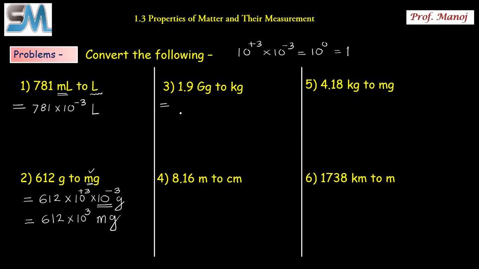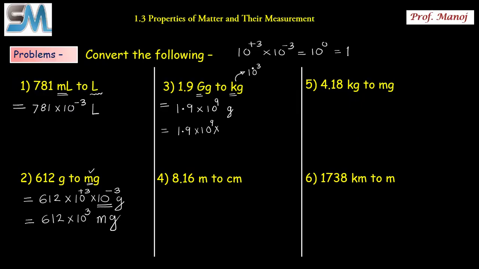Going ahead, they have given us something in giga. We want to convert it into kilo. So we write the number first. And if you refer to the table, giga stands for 10 raised to 9. This is, first of all, removal of the term giga. Now, if I use my method from the earlier problem, we want kilo.